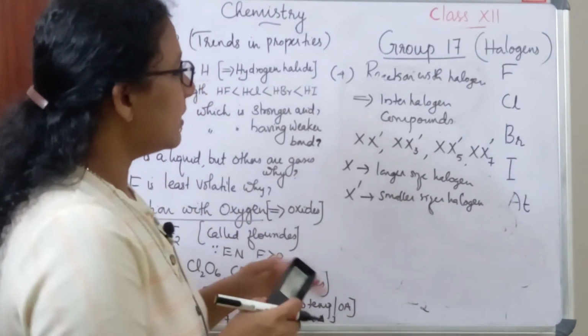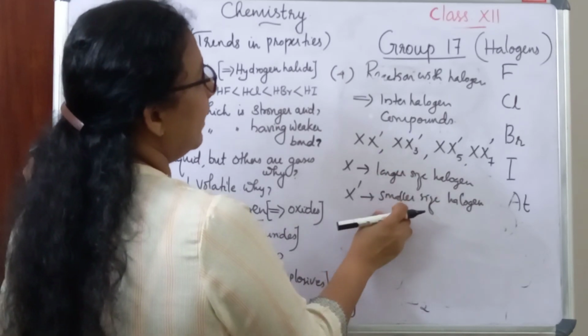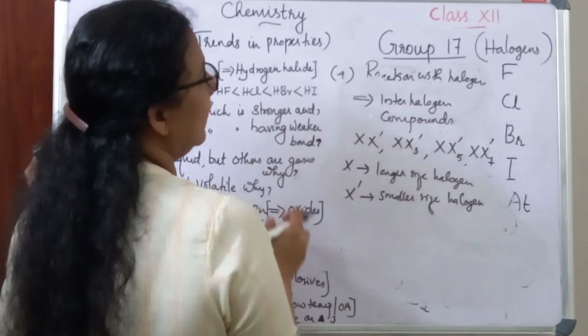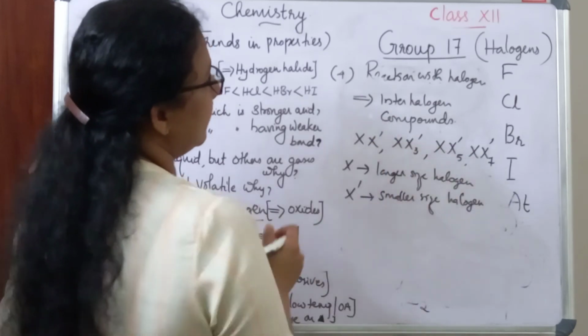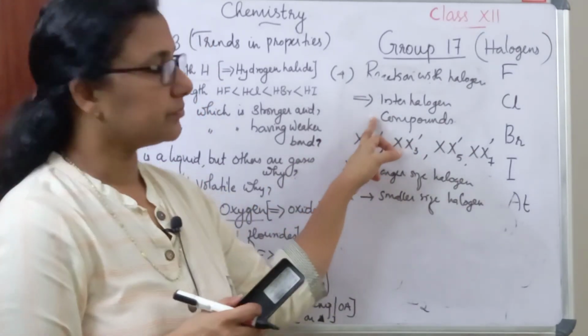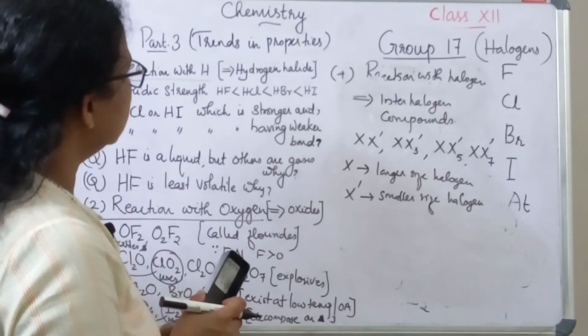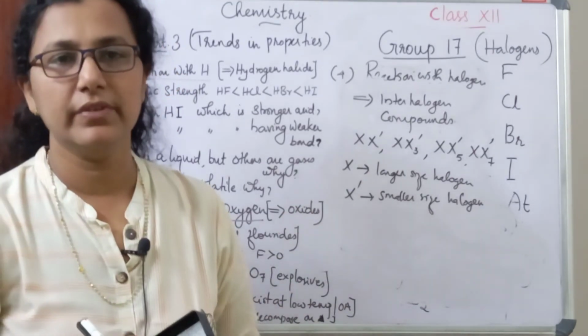Let's see more about interhalogen compounds in the next class. So this is about the trends in properties of group 17 elements.